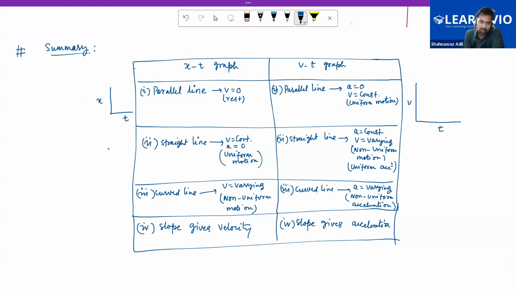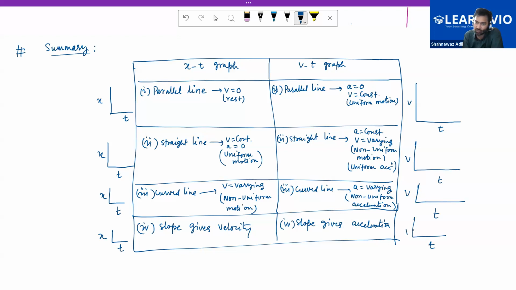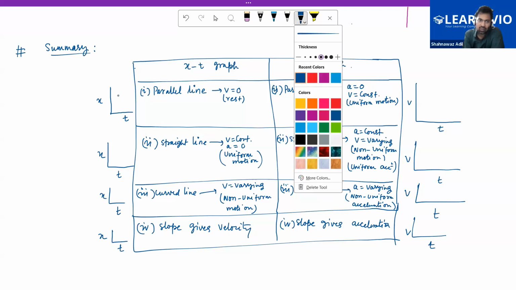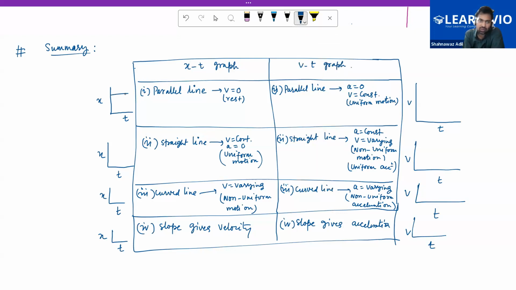Again, let me draw this: t and x, t and x, t and x. This is t and v, t and v, and t and v. This is parallel, so the color has not changed. This is the result.